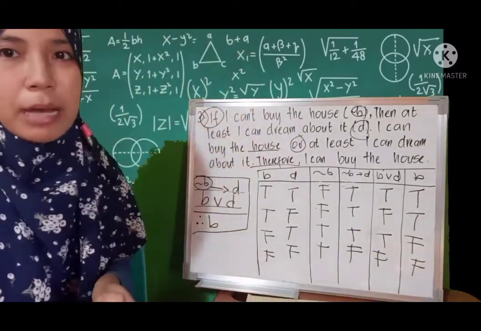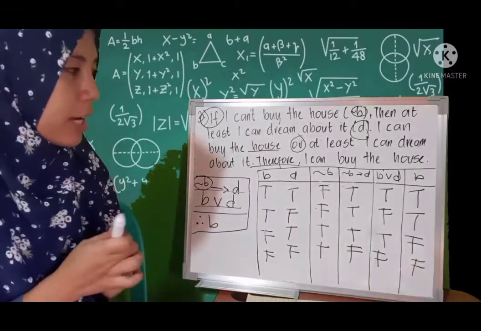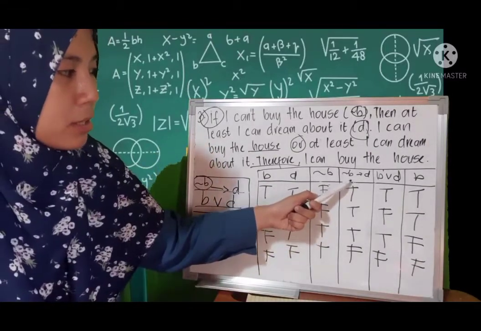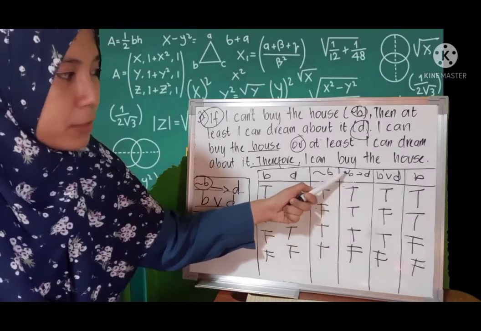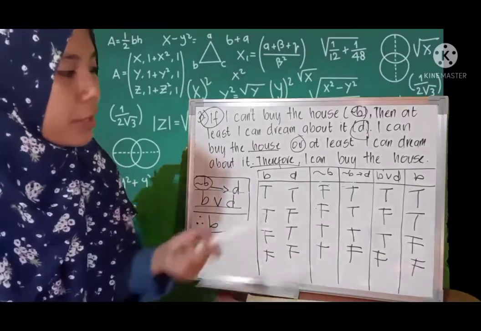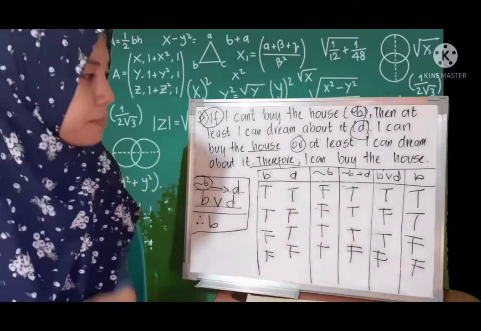So, paano natin malalaman kung ito ay valid or invalid? So, kailangan lang natin mag-paste dito sa premise number 1, first premise and second premise, and the conclusion. So, kailangan meron tayong tatlong true every column.